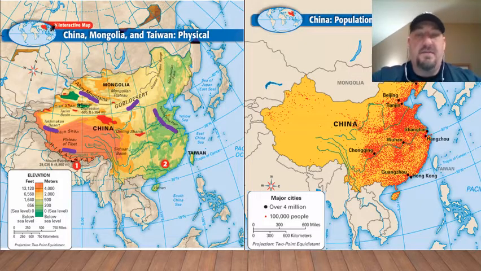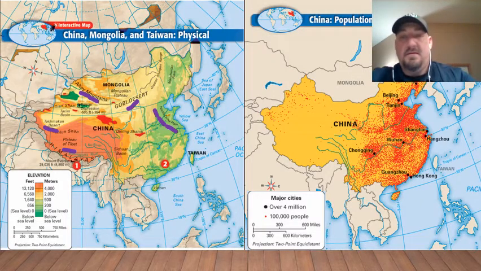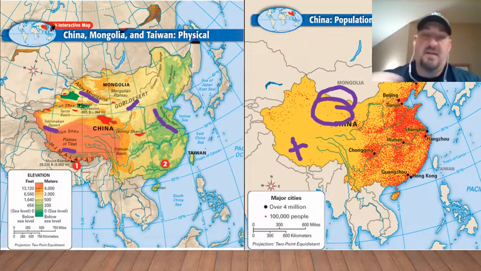And then the higher elevations here, somewhat in here, not very many people are living there. So physical features are going to affect where people live.